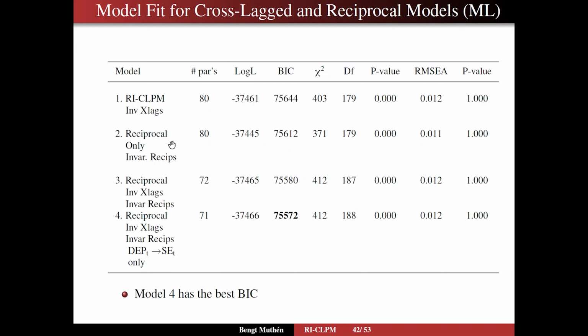The reciprocal only model with invariant reciprocals over all of the 11 time points has a little bit better fit than the RI-CLPM. Model 3, reciprocal with the invariant cross-lags and reciprocals, reduces the number of parameters quite a lot.